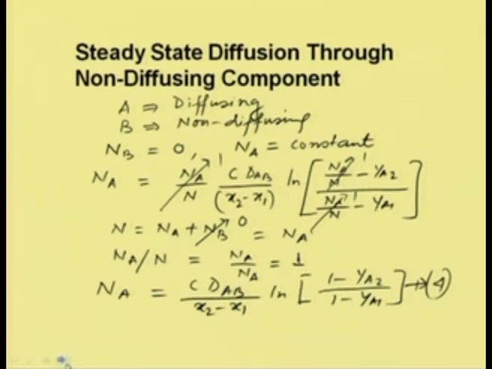Now, consider the system is an ideal gas. In this case, we can write the concentration is equal to total pressure P_t divided by R T. For mole fractions y_A, we can write partial pressure of component A by total pressure.